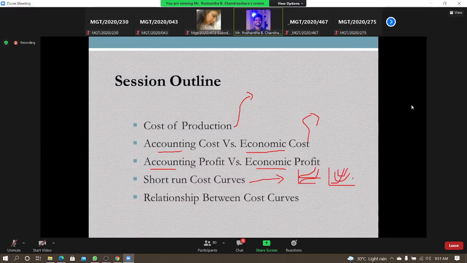Hopefully we'll discuss this in the next part. And the relationship between these different types of cost curves: average cost curves, total cost curves, fixed cost, and the variance between TVC and total cost is the TFC, likewise.